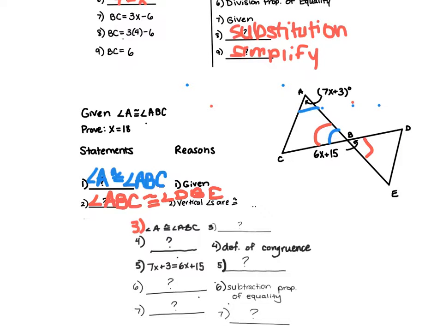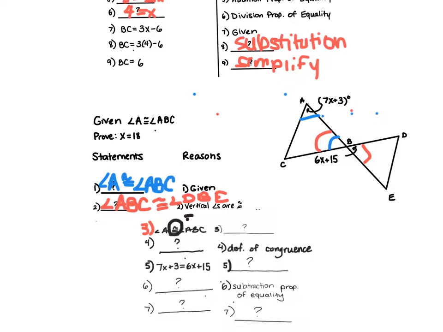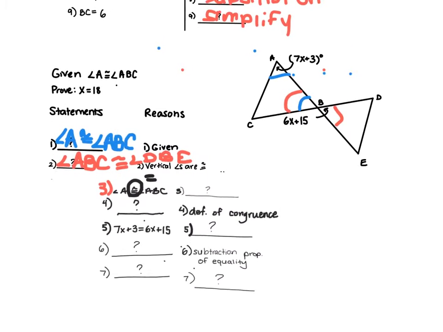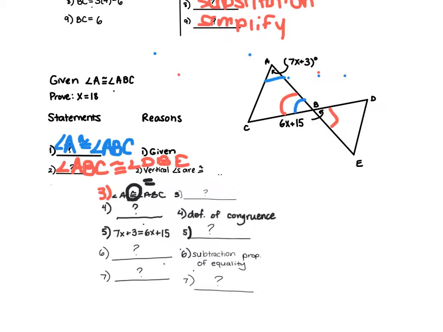Then it says angle A is congruent to angle ABC. Oh, sorry, I wrote the actual problem out wrong. This should be an equal sign. So what changed from the given to this statement? Almost.